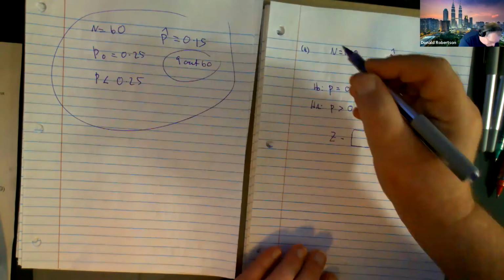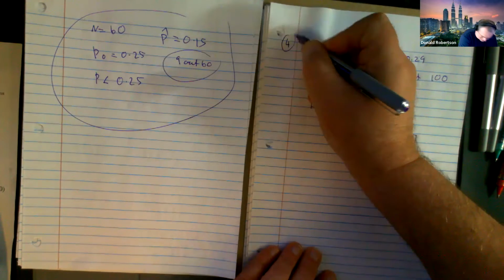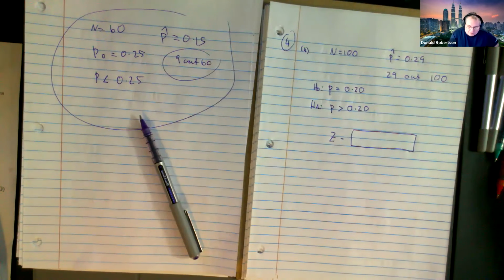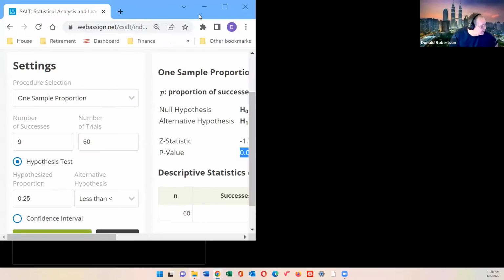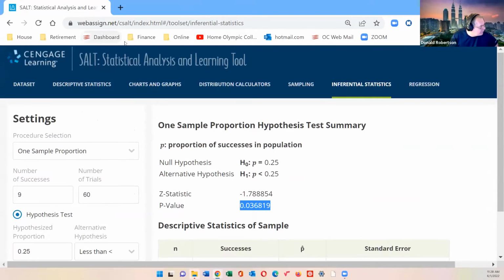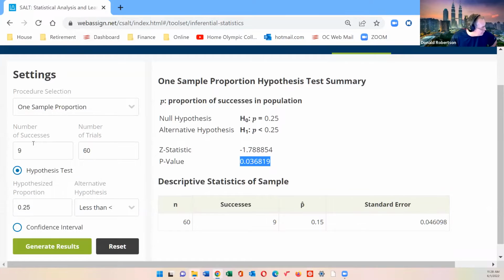Right. So that's what question 4A looks like. So I'm now going to go in and do that question, hopefully, using Salt. Are you looking at the Salt screen? Okay, so one sample doesn't change. In this story, it's now 29 people out of 100.